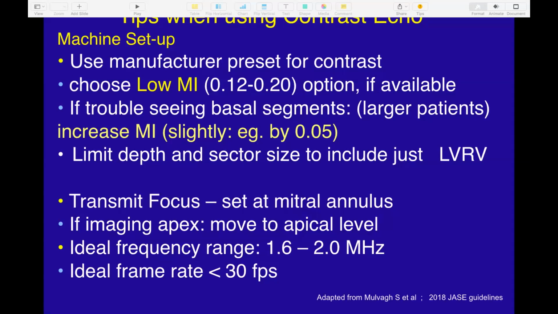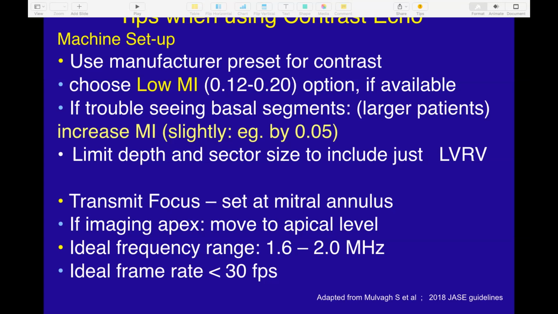And so typically most of the very low mechanical index images will be in this particular range of 0.1 to 0.2. If you are facing very large patients, you may need to increase the mechanical index to about 0.5. It's not 0.05, 0.5.